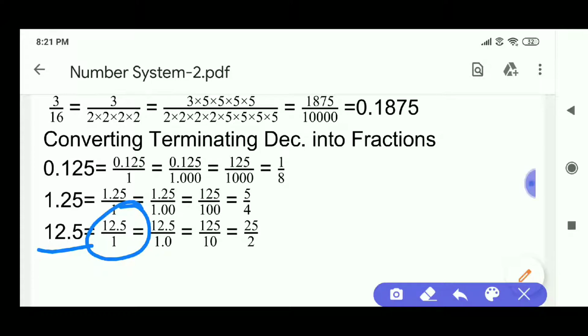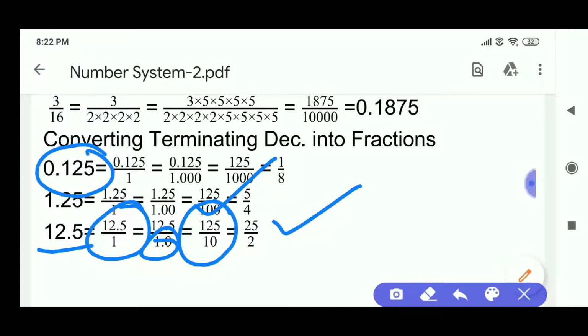It is 12.5 by 1.0. Now it is 125 by 10, after removing the decimal point. By simplification, it is 25 by 2. Thus, we can convert terminating decimals into fractions.